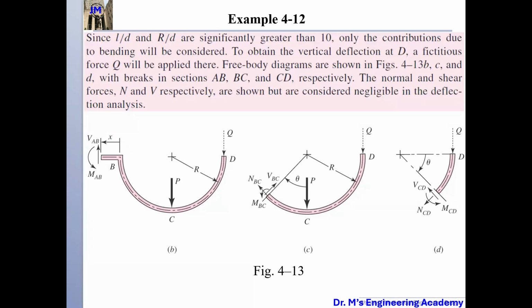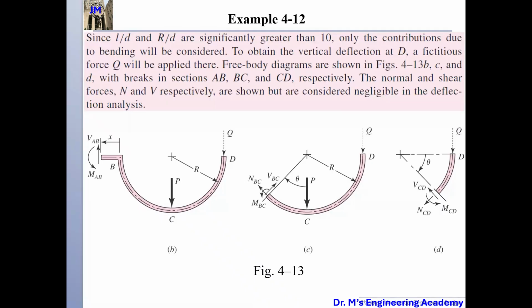Now, if we just take a look at this curve and do the free body diagram, we have a P here, and we have a Q here. Now this half is also in a state of equilibrium, and so MBC, NBC, VBC are balancing these two external forces.